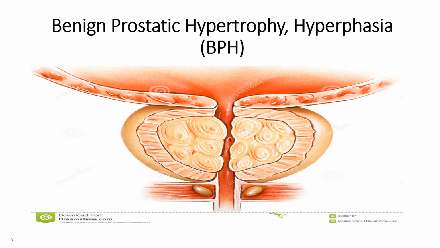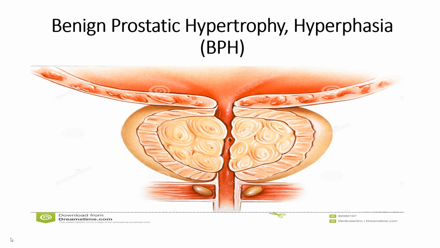So the prostate gland, which is part of a man's reproductive system, slowly gets larger as he gets older. Around 40 to 50, it starts getting bigger, but usually asymptomatic until he's about 60 years old.